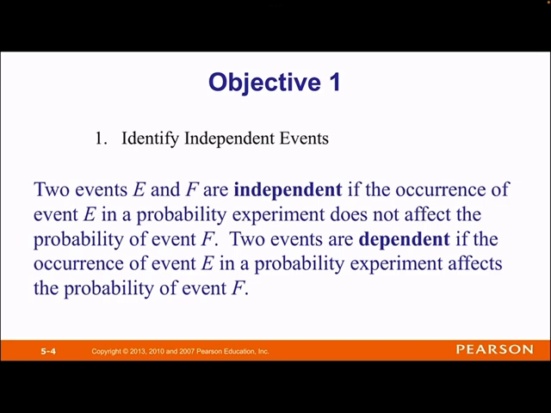So there's a 5 out of 7 chance. But the second time, you have to assume that you have a green marble in your hand, which means there's only 4 green left to pull from, and there's also 1 less marble altogether. So it will be 4 out of 6 the second time around. So that's dependent.